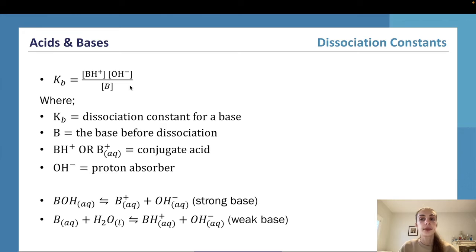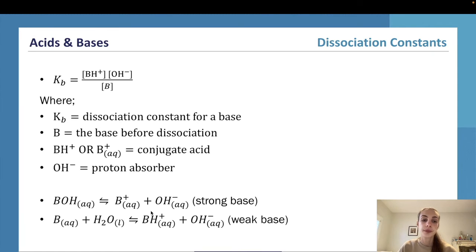And so that would be our base dissociation constant, where Kb is the dissociation constant for the base, B is the base before dissociation, BH+ or B+ is the conjugate acid, and OH- is the proton absorber, or our conjugate base, which is left behind.